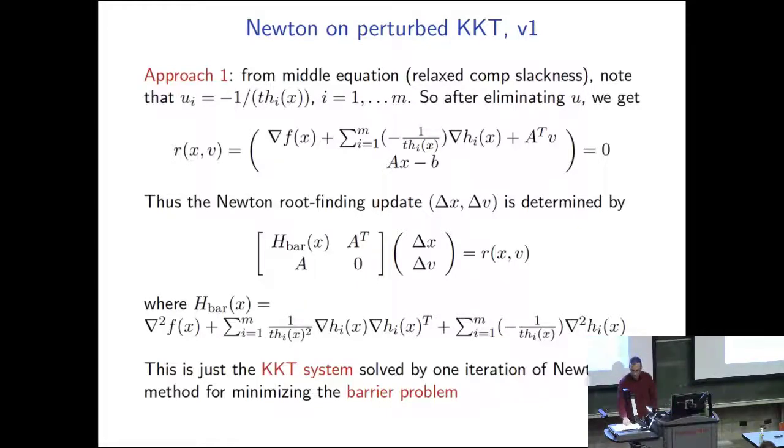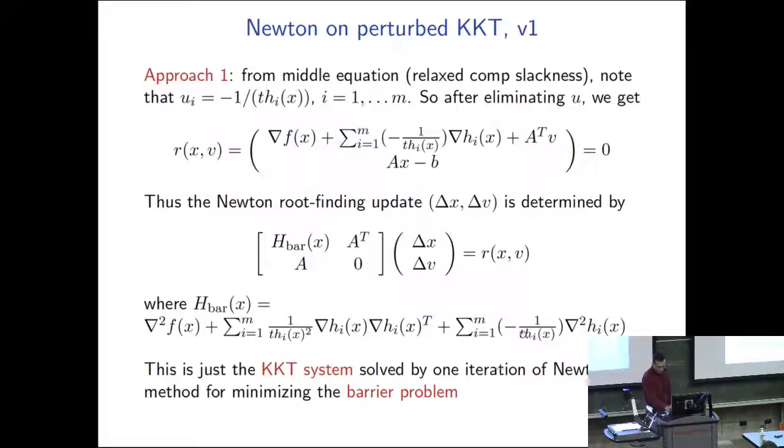So equality constrained Newton's method on this problem takes exactly updates of this form, where h is the Jacobian of this with respect to x, which is exactly equal to the Hessian of f plus the sum of 1 over t times hi squared times the outer product of grad of hi, plus the sum of minus 1 over t times hi times the Hessian of hi.